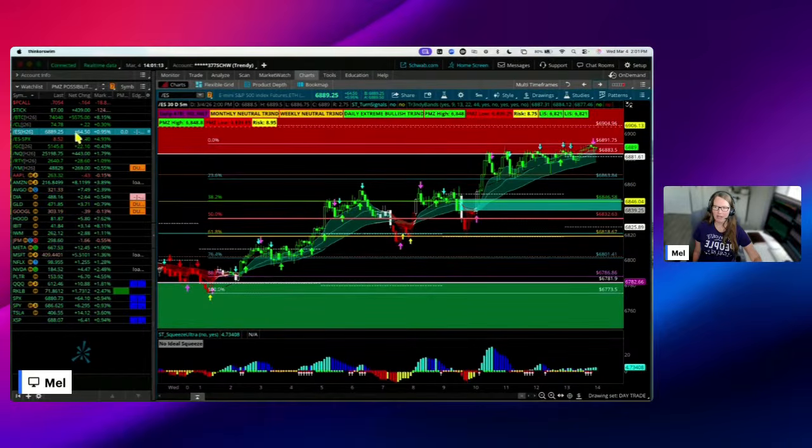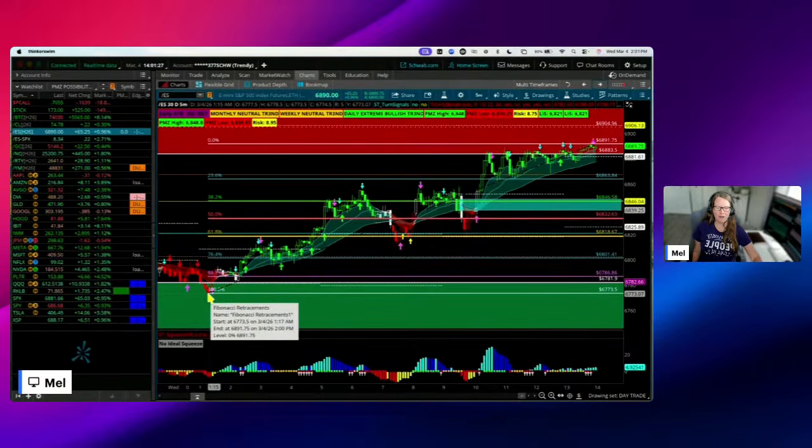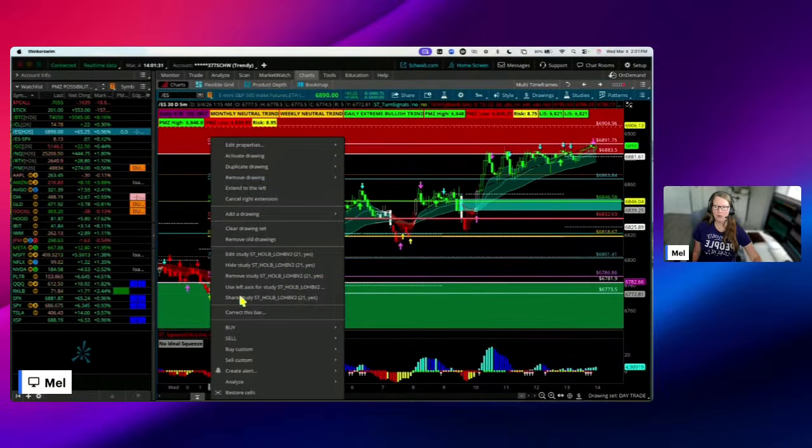We had a very nice bounce. The S&P 500 futures is up about 65 points. That's a lot of points, but honestly, they're up even more than that if you consider from their overnight low to the most recent high.